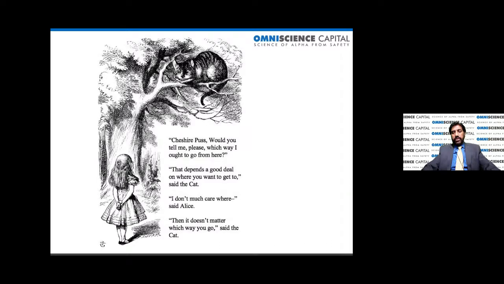So this cartoon, if you see, the cat is the Cheshire Cat from Alice in Wonderland. Alice is asking the Cheshire Cat which way she should go from here, and the cat says, where do you want to go? Alice says, I don't much care where. And then it doesn't matter which way you go, the cat says.